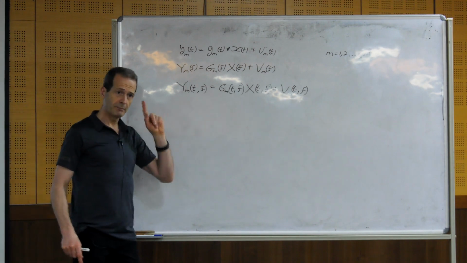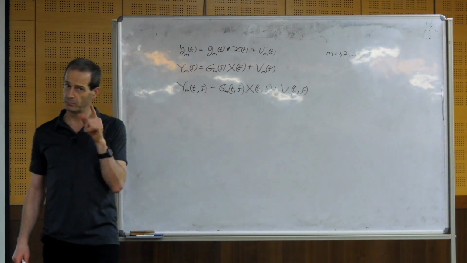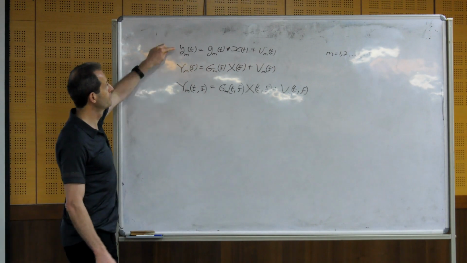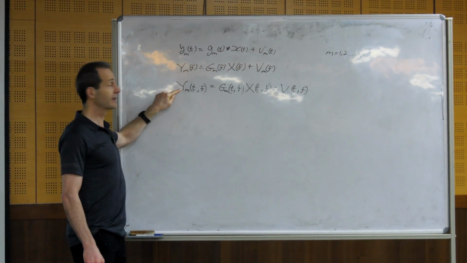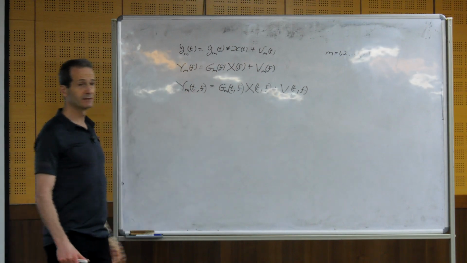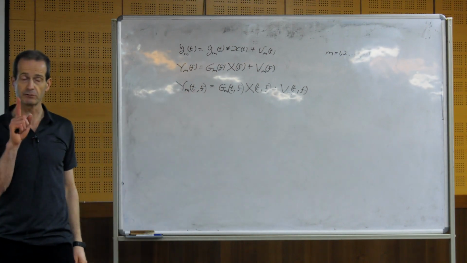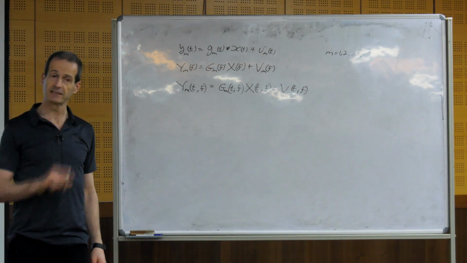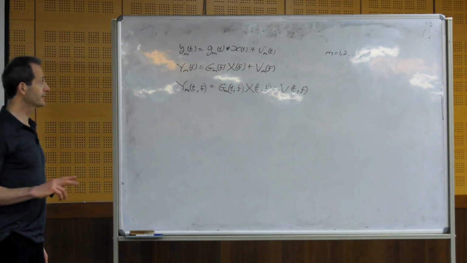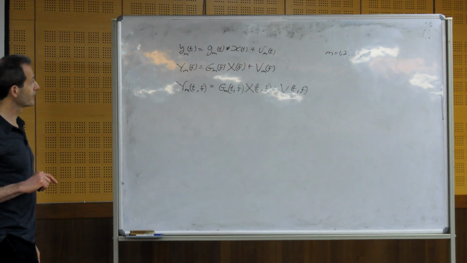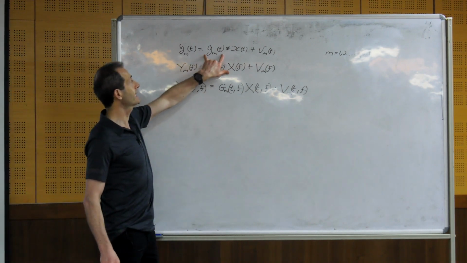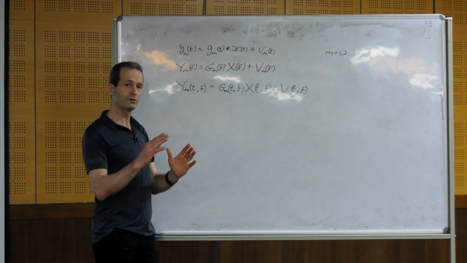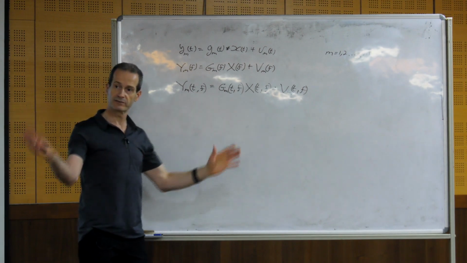Here we make a very important assumption. When we come from the time domain to the time-frequency domain, and we write it like this, we made a very important assumption that you need to be aware of. Actually there are two assumptions. First, that the extent of the impulse response is sufficiently short and smooth with respect to the window of the short-time Fourier transform.